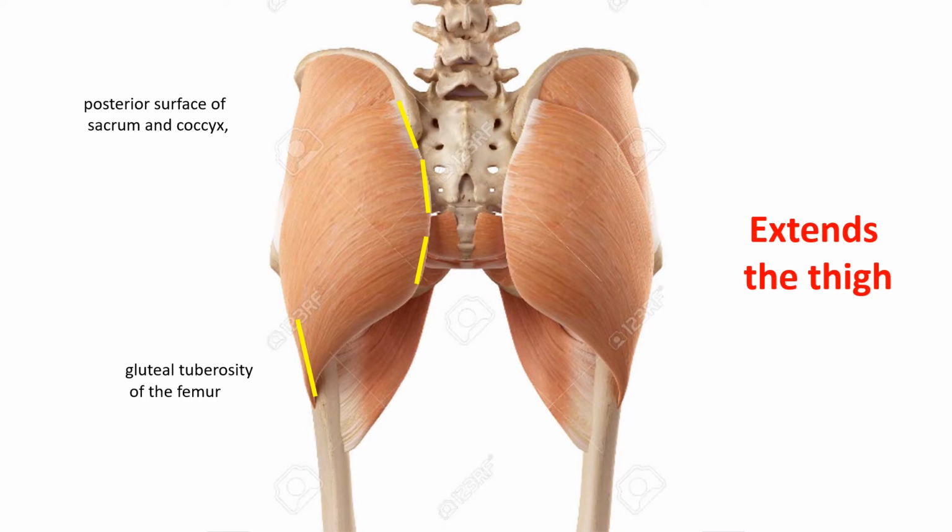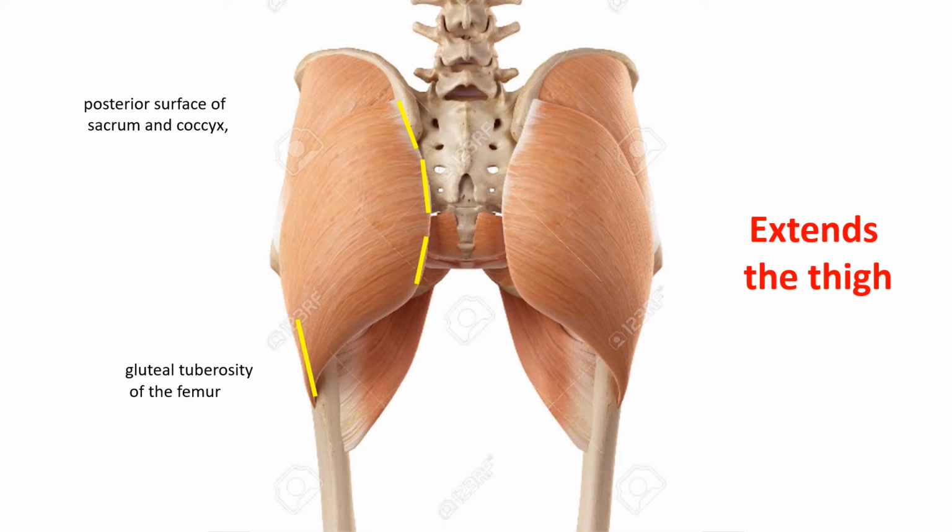This is a very important muscle because it is the most powerful extensor muscle of the hip. Why is that? Because when you are sitting on a chair and you want to stand up, you need to extend your hip to move the thigh posteriorly, so you are going to use this muscle.